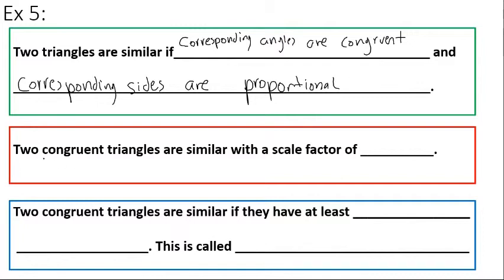Next one, two congruent triangles are similar with a scale factor of 1. It says two triangles are similar if they have at least 2 angles congruent. And we say this is called angle similarity.